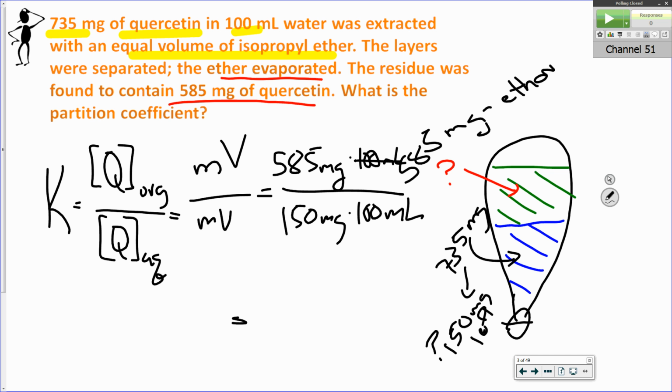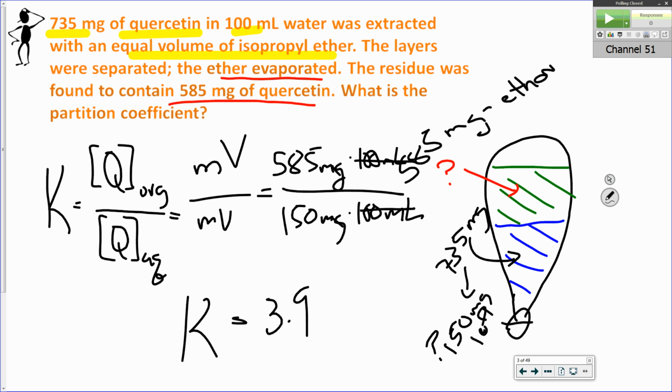So the 100s cancel out, the milligrams cancel out. It's a little bit less than 4, so 3.8. What do you get? 585 divided by 150 is 3.9. So K here is 3.9.